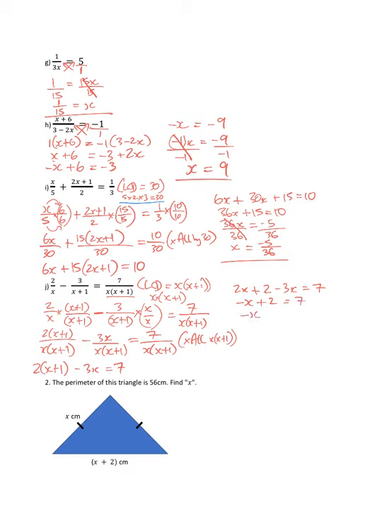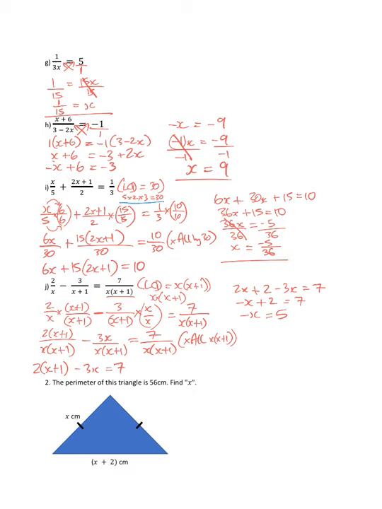It's the opposite of plus 2, taking 2, take 2 from both sides. 7 take 2 is not 7, that's wrong. 7 take 2 is 5. Negative x is equal to 5.